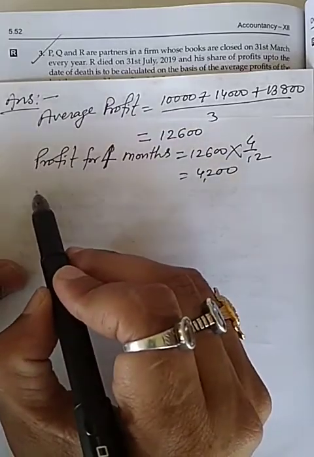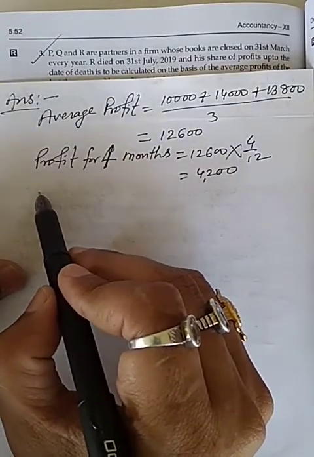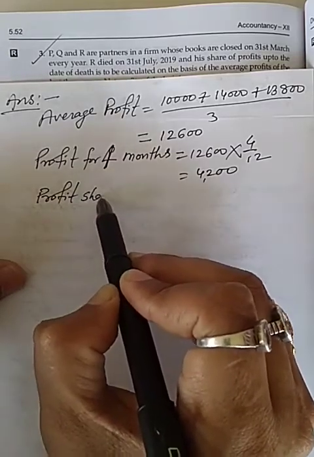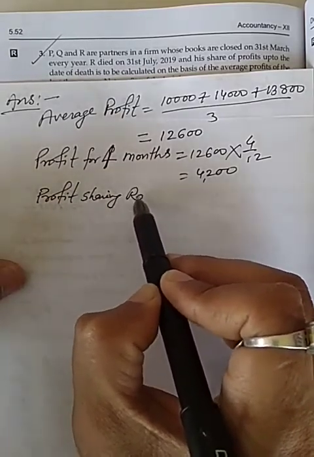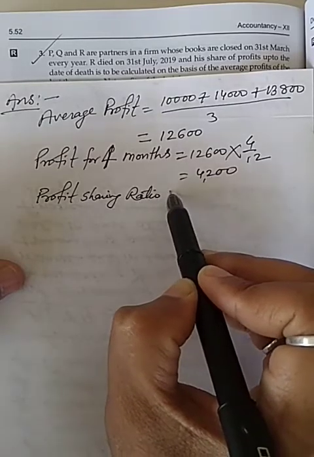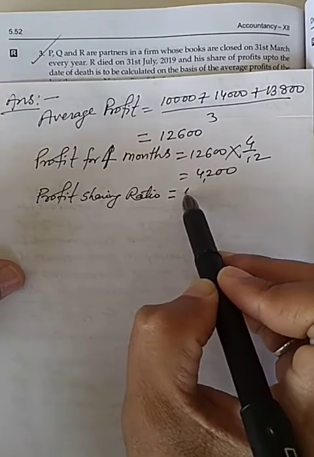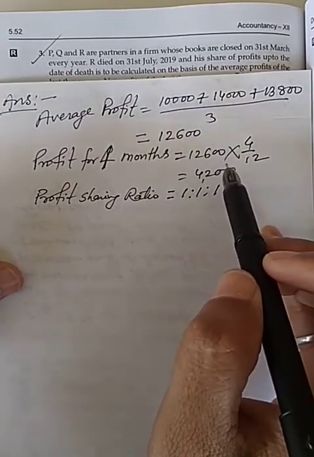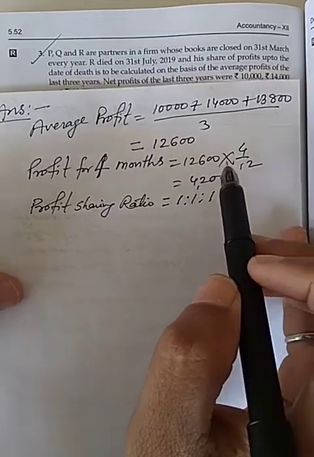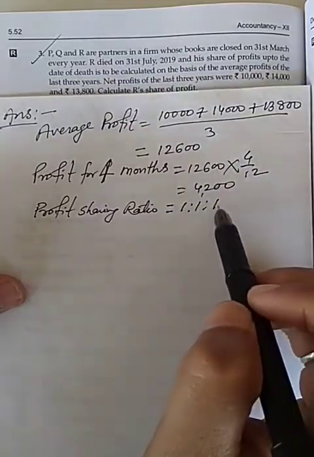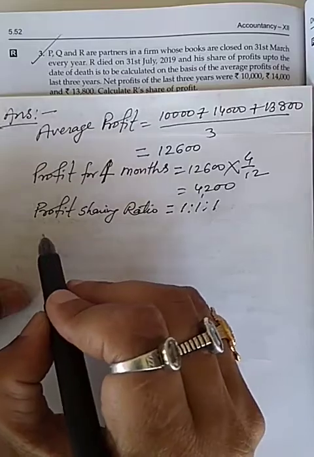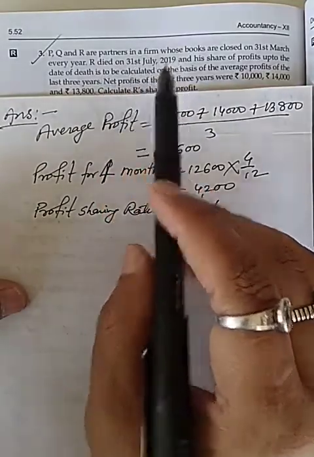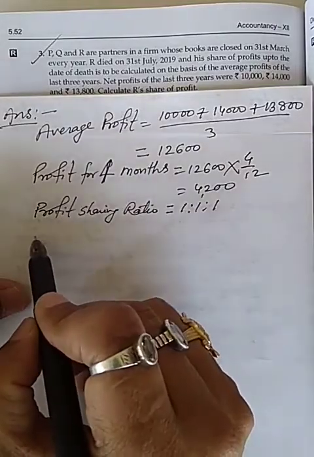And the profit sharing ratio of the partners will be 1:1:1 because nothing is given about the share, and R died on 31st July 2019.